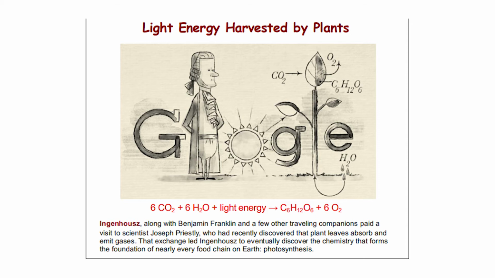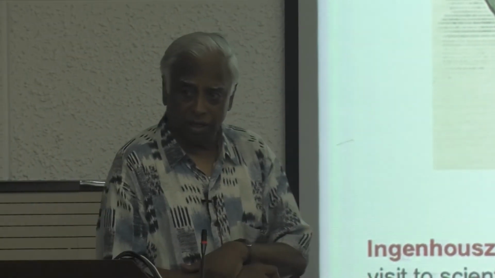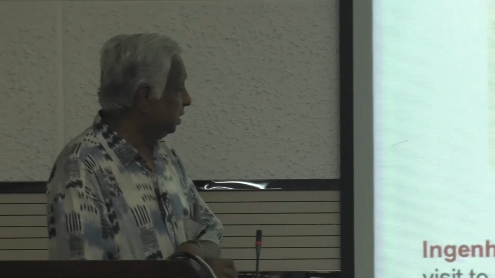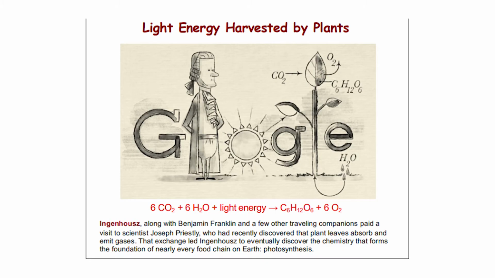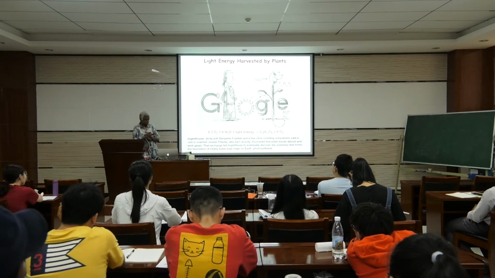And it makes this. This was recognized by this guy Benjamin Franklin. Franklin is a very famous American politician, and he knew from Priestley that this process is most important, and then that's how the research on photosynthesis started.